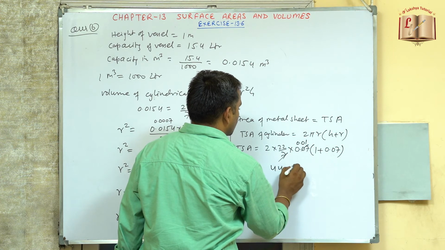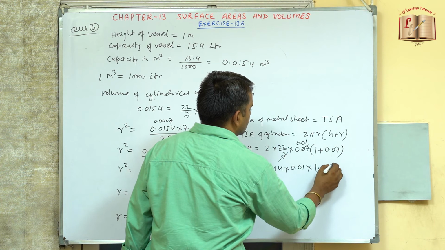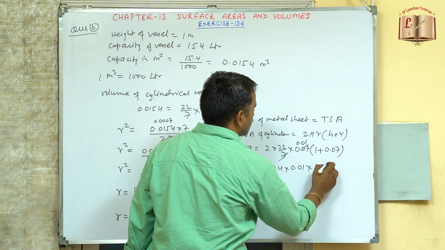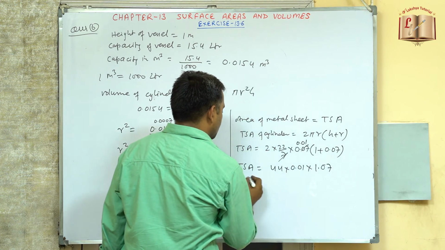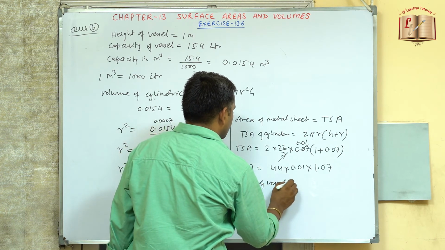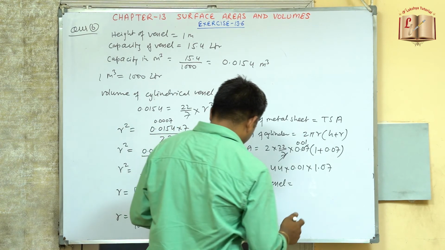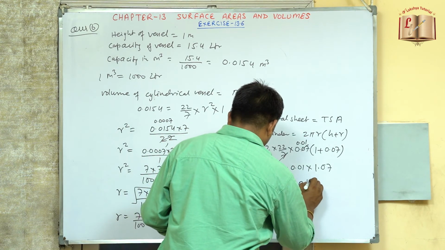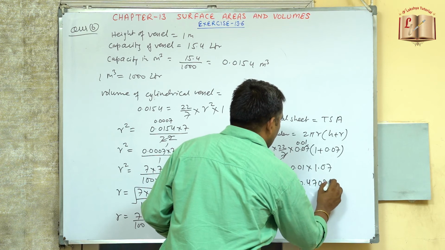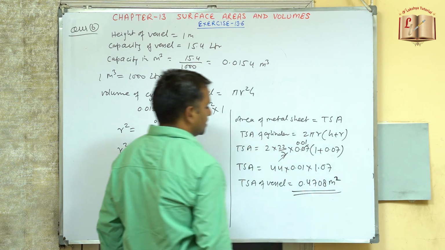So this is 44 into 0.01 into 1.07. So now we can solve this. So therefore TSA of the vessel we can multiply, and TSA of the vessel will be equal to 0.4708 meter square. So this is the TSA now.